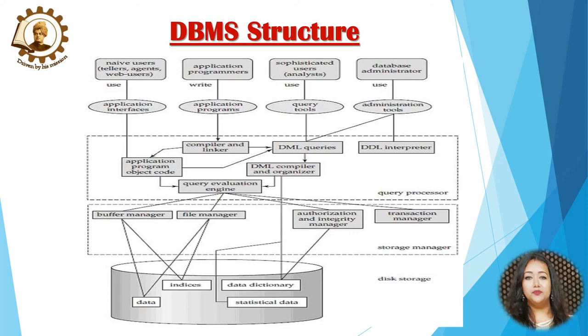Now File Manager manages the allocation of space on disk storage and the data structures used to represent information stored on disk. Finally, Buffer Manager is responsible for fetching data from disk storage into main memory and deciding what data to cache in memory.